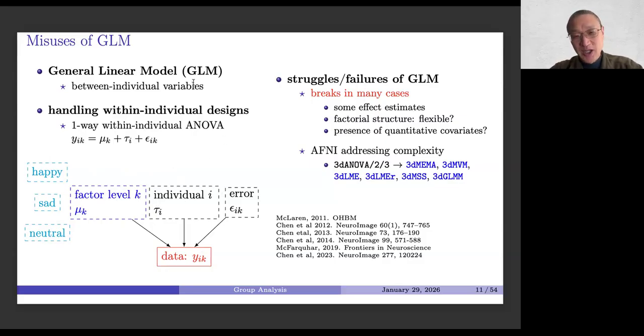However, if you use a general linear model, a single model to handle all the scenarios, including those individual effect tests, or even other cases, say you have two groups and use the same model to estimate the group differences for each particular task, that will also be problematic. This problem was pointed out a long time ago, the first time in 2011 during OHBM.